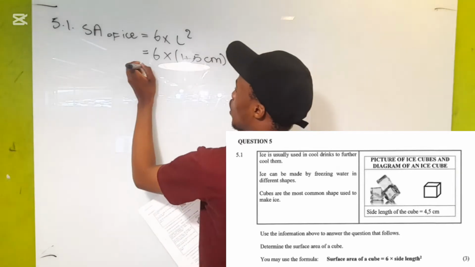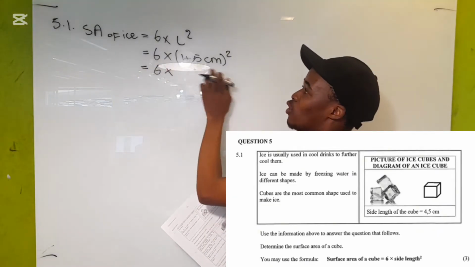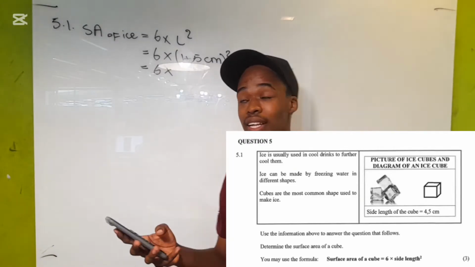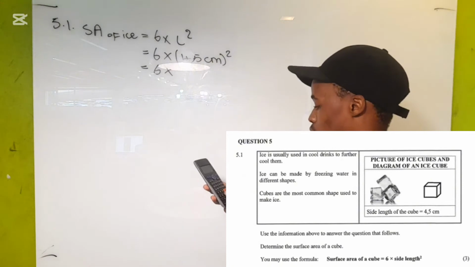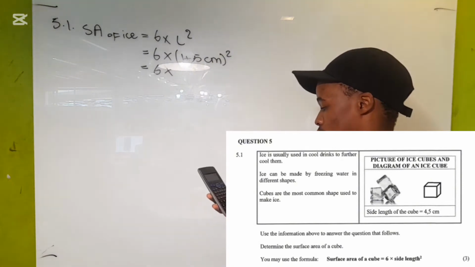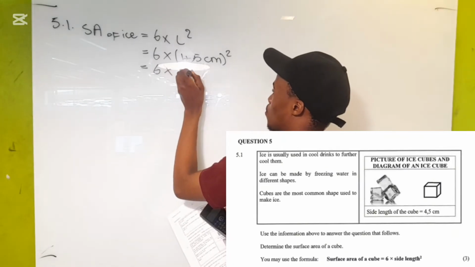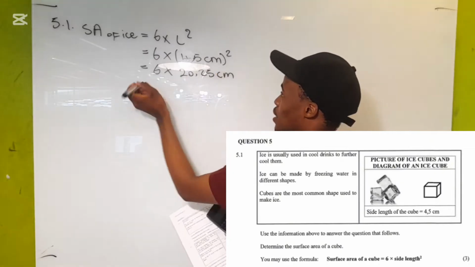Okay, so what you can do now is say 6 multiplied by, and then calculate this one. Just say 4.5 squared. So we're going to click that on the calculator, 4.5 squared, and that equals 20.25.